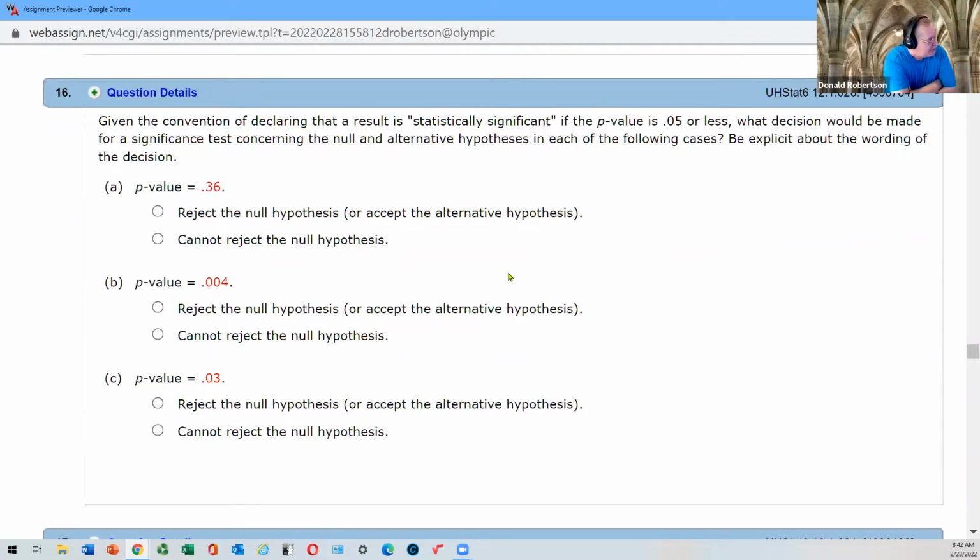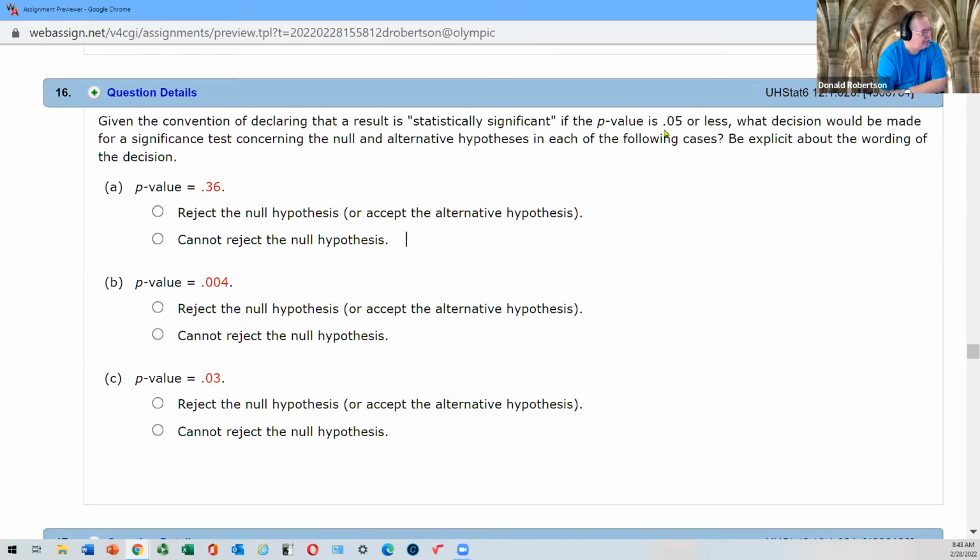Now, given the convention of declaring that a result is statistically significant if the p-value is less than 0.05, what decisions would be made in this situation? Okay, start with the first one. If you have a p-value 0.36, which of the two do you choose? P-value is 0.36, right?